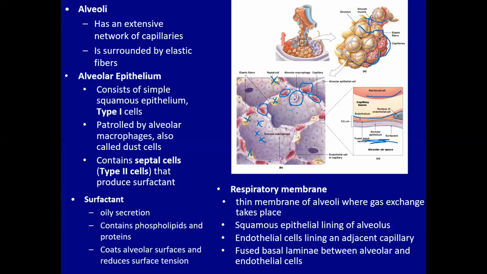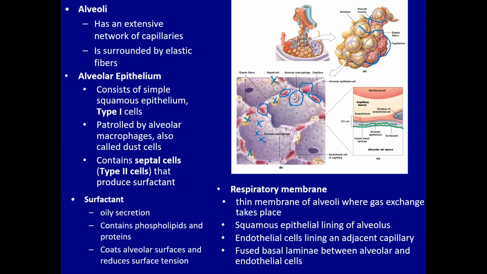So let's go back over here, and I'm going to grab a green pen, and I'm going to put a line right here. This is surfactant. So surfactant is on the inside of each alveolus because this is the alveolar epithelium.